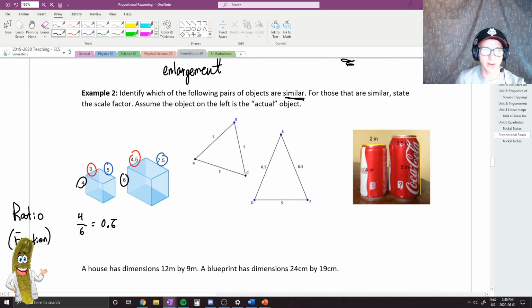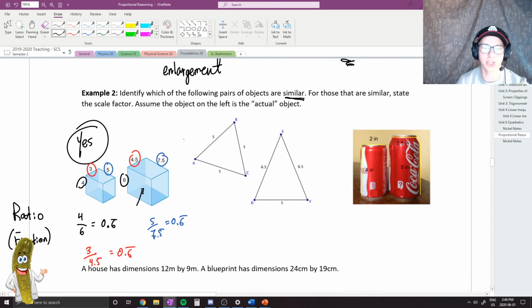So I know that if I wanted to go from this right object here, I would have to multiply each of those numbers by 0.6 repeating. And so what I did when I was going through this is I did 3 divided by 4.5, and I also found 0.6 repeating. And then I did 5 divided by 7.5, and I also found 0.6 repeating. And so as such, I can conclude that because each of these measurements have been scaled up in the exact same way, yes, those two objects are similar.